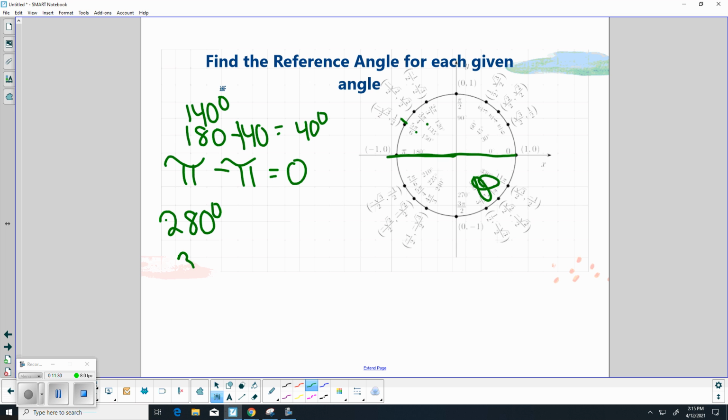So we would take 360 minus 280, and we would get 80 as our reference angle. So then let's look at pi over 3. Pi over 3 is in this first quadrant. And remember, in this first quadrant, it's just equal to its reference angle.